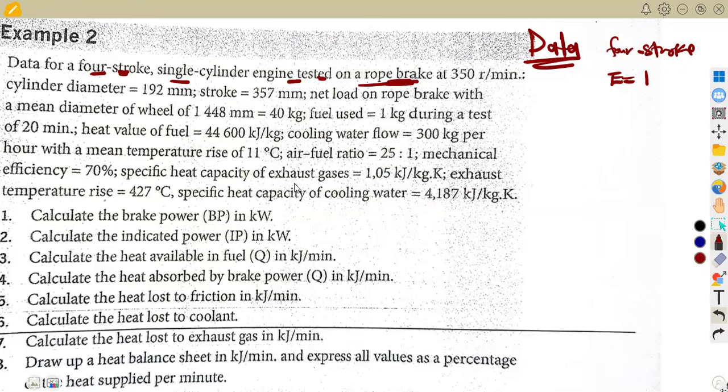Remember, with the rope brake is where we get the brake power from 2 pi Tn over 60. So this is by rope brake.